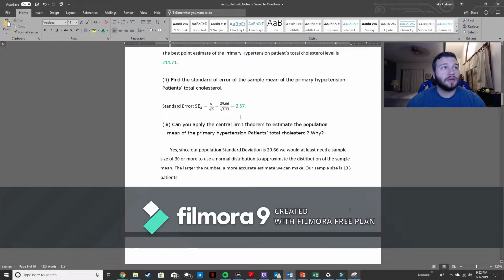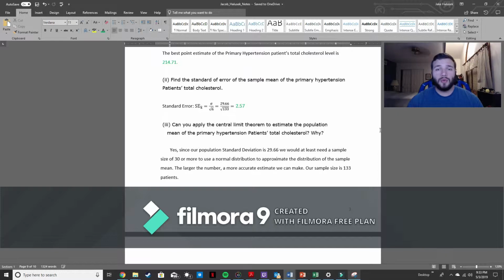for our standard error. Now, can we apply the central limit theorem to estimate the population mean of the primary hypertension patient's total cholesterol, and why? Yes, we can. Since our population standard deviation is 29.66, we would need a sample size of 30 or more patients in order to use a normal distribution to approximate the distribution of the sample mean.